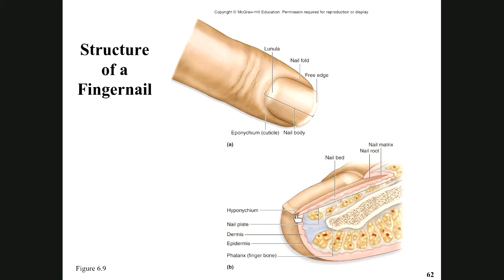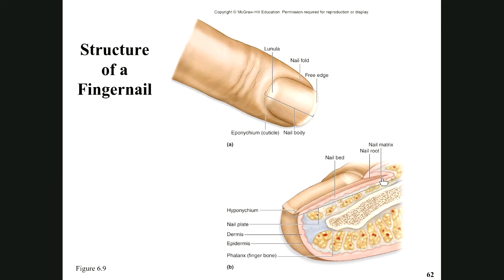So if I want to repeat this part, you have a free edge, you have the nail body, and if we add the nail root, we have our nail plate here. The nail bed is the part of the nail which is located beneath the nail body, and this is the living part of the nail, and you can see the nail matrix in this part, which is embedded in the skin.